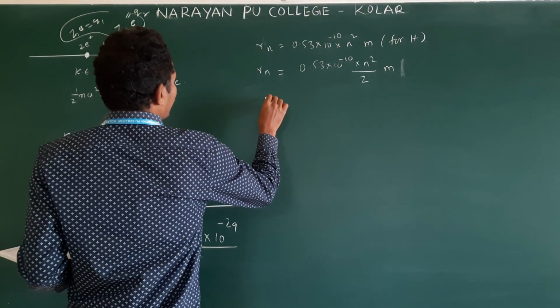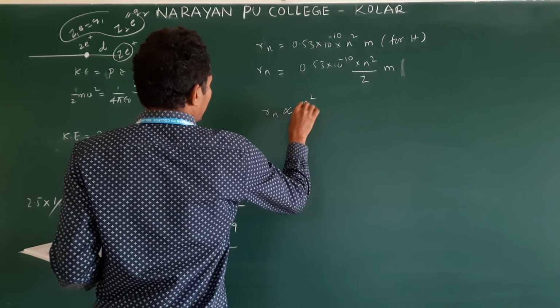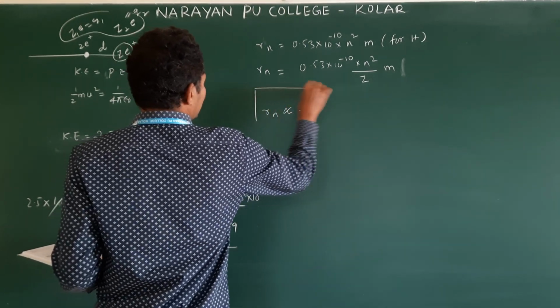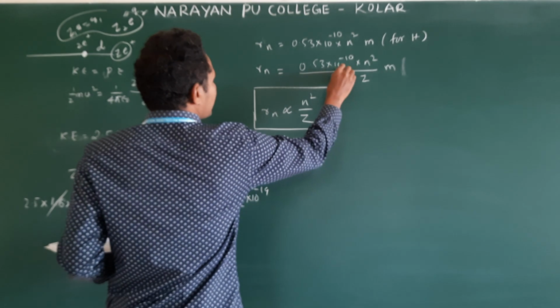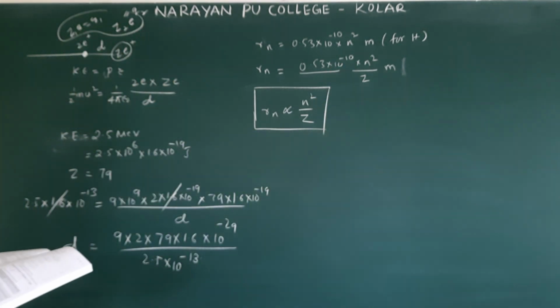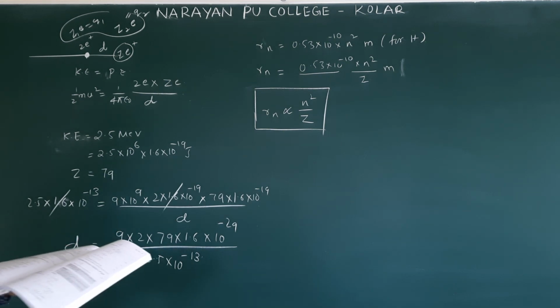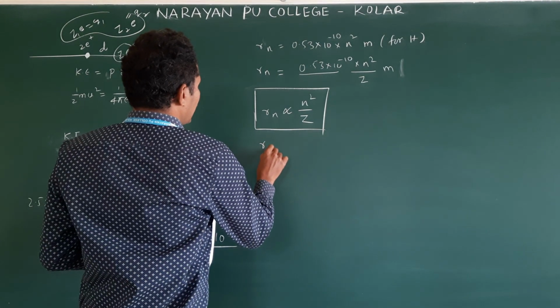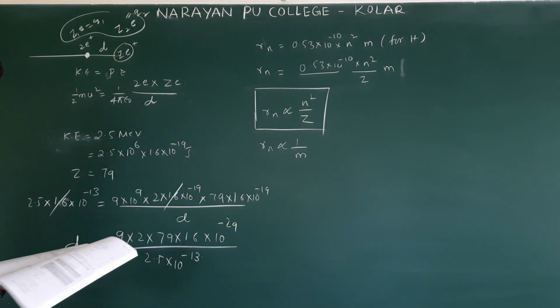So the general relation is Rn directly proportional to n square by Z. This is valid for all. This constant is the proportionality constant, 0.53 into 10 power minus 10. And with respect to mass, Rn is inversely proportional to m.